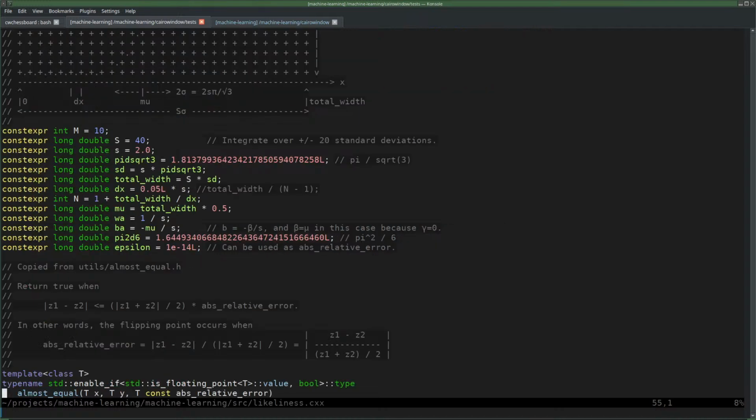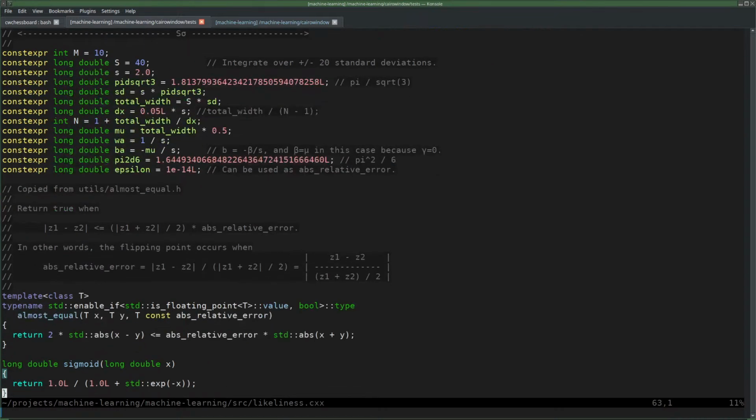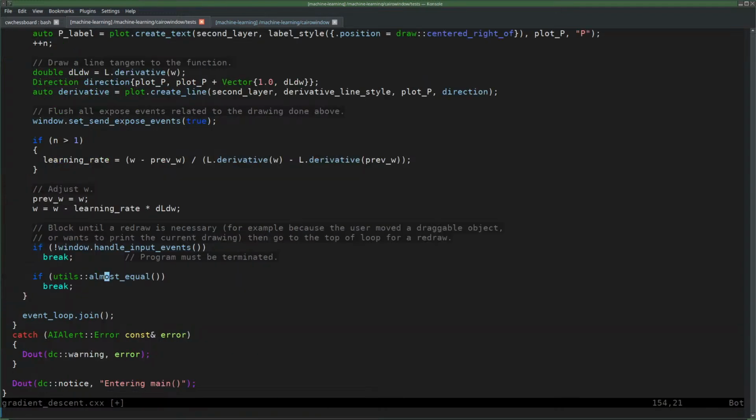Almost equal, how did that work? Okay, just two values and an absolute relative error. So the previous W and the current W are, well, almost the same. Absolute relative error.